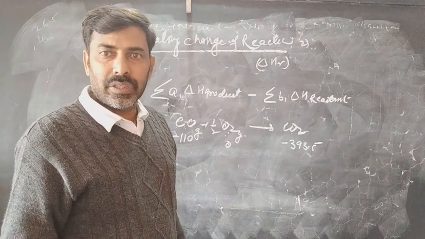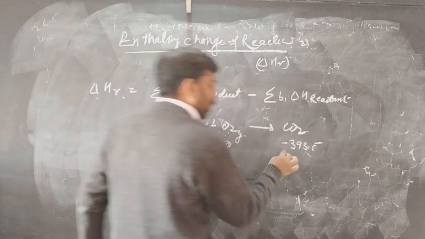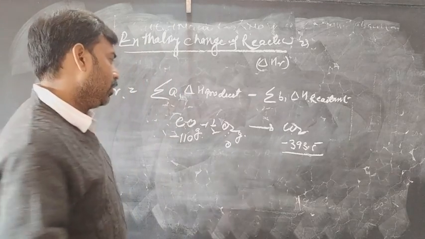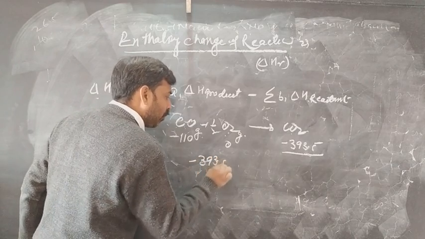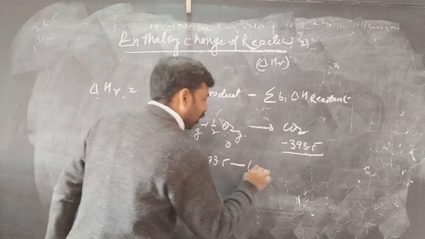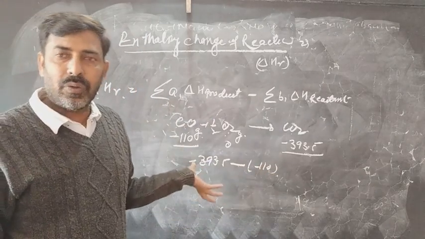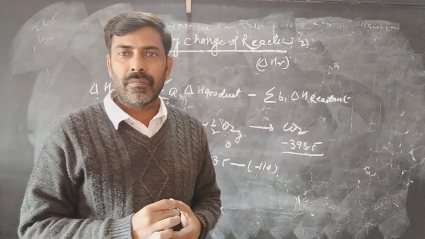Then what is the enthalpy of the reaction? For this reaction, it is the enthalpy of the product, actually only one molecule in the product, that is minus 393.5, minus the sum of the enthalpy of the reactant, that is minus 110. When you solve, whatever value you get will be the enthalpy of the reaction.